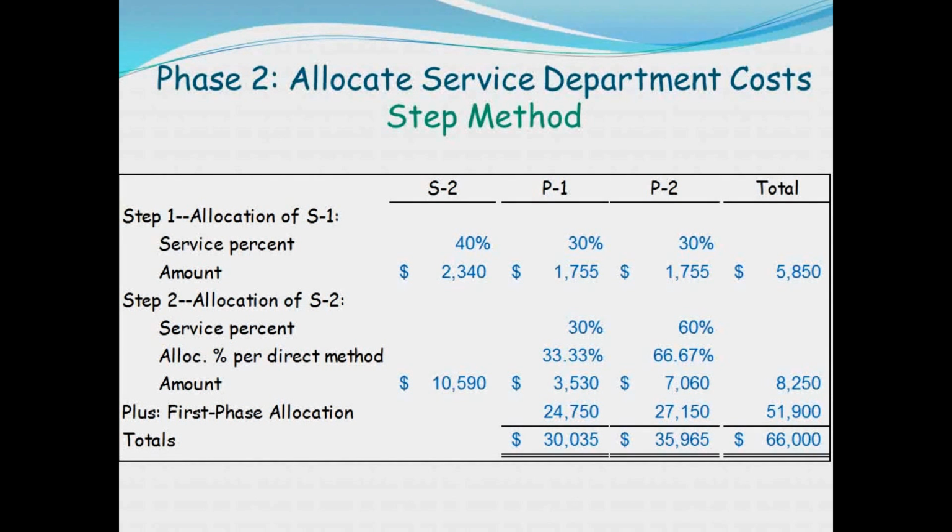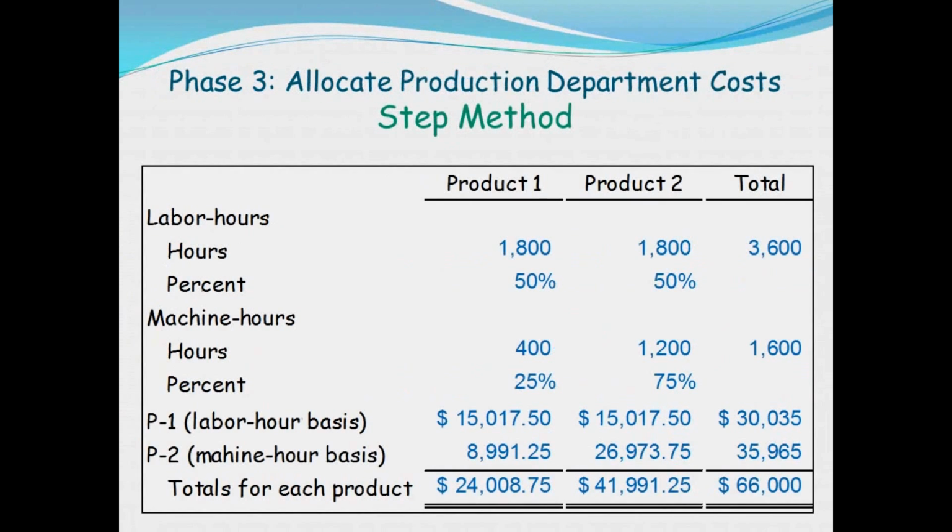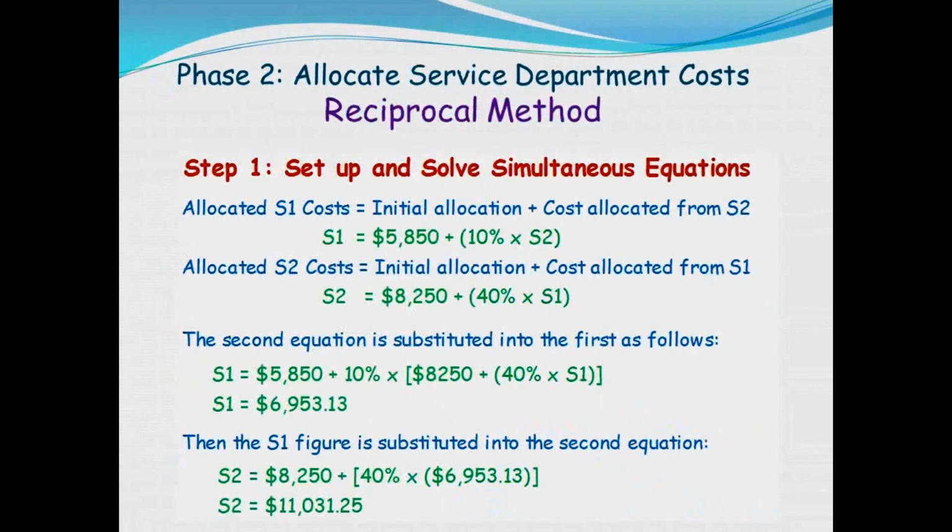Anyway, I tell this story only because the third method is linear programming, at the end of the day. It's called the reciprocal method. You can do it in algebra here, because it's not truly linear programming, and we only have 2 service departments.